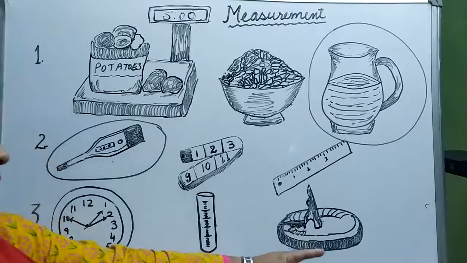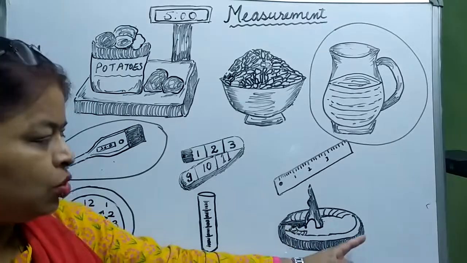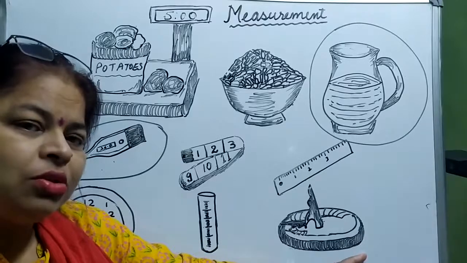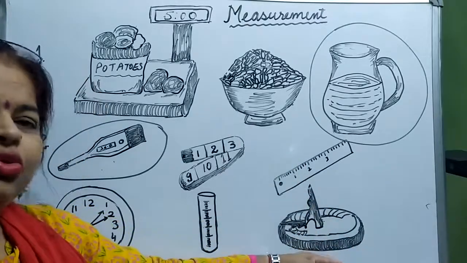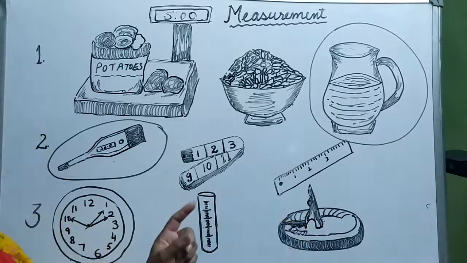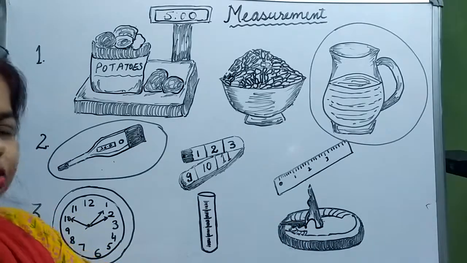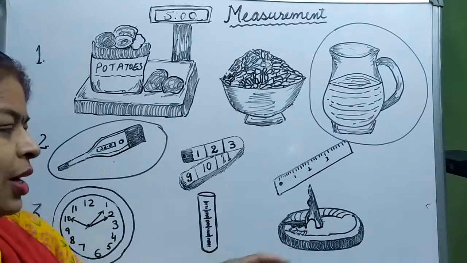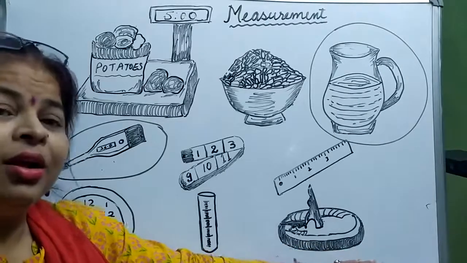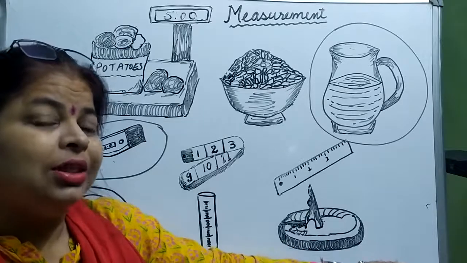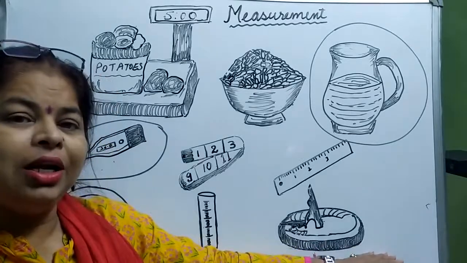Now this is the sundial. For what is the sundial used? In the ancient time, when there were no clocks, no digital clocks, no wrist watches, it was used to find out the time during the day.